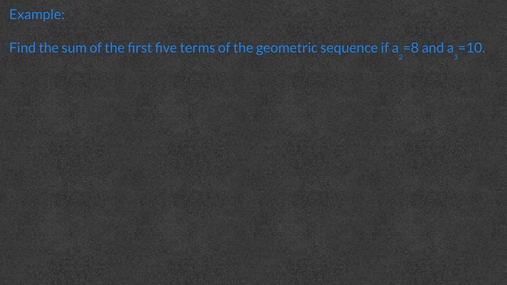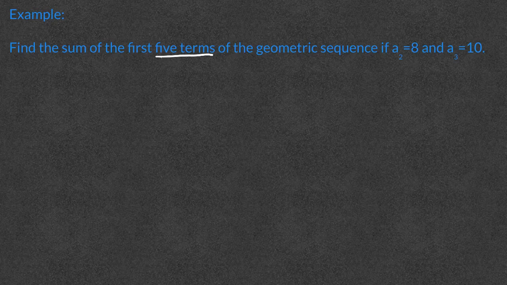Now here's another form of a geometric series. It's just written out, so we have to look at it and find some pieces in order to fit our formula. So the question states, find the sum, which is a summation, a series, of the first 5 terms, that's important, of the geometric sequence if a sub 2 is 8 and a sub 3 is 10.